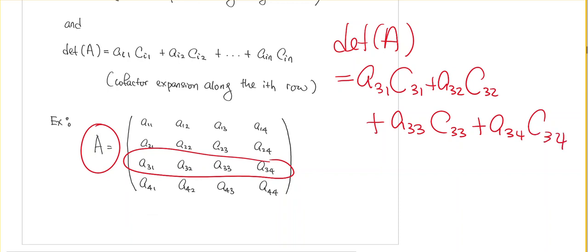Then you will get a number, because all the cofactors are just numbers, since the determinant of a matrix is a number, and all these entries are numbers. So you get a real number, and that number is called the determinant of A.